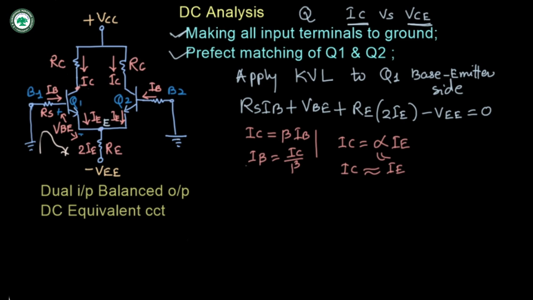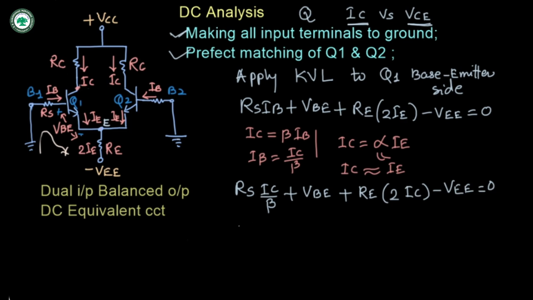Therefore, if we consider this, we will be getting RS into, now this will be IC upon beta instead of IB, plus this VBE, plus this RE into twice IE, which we can write as IC, minus VEE is equal to 0.